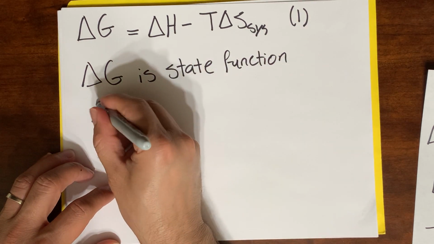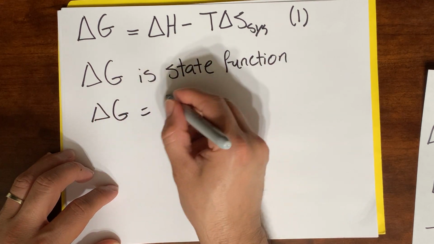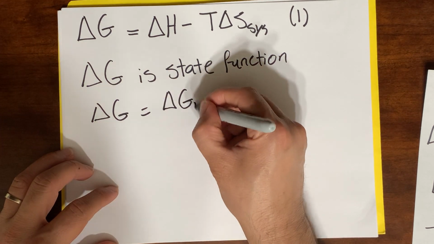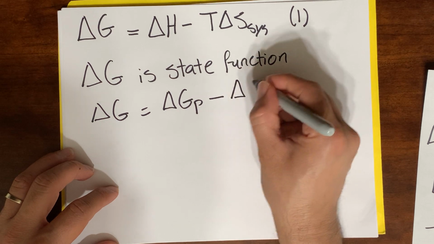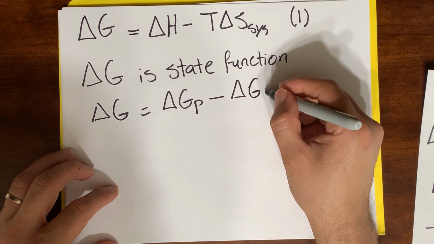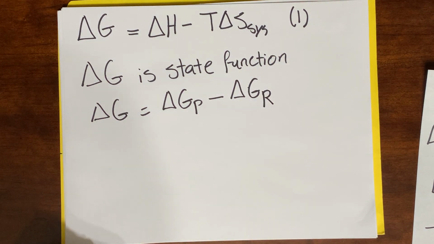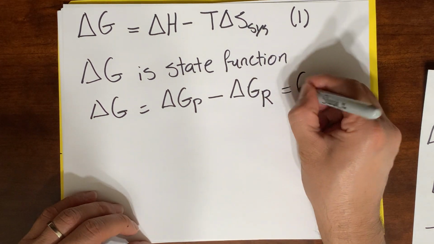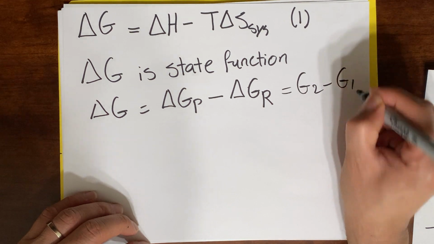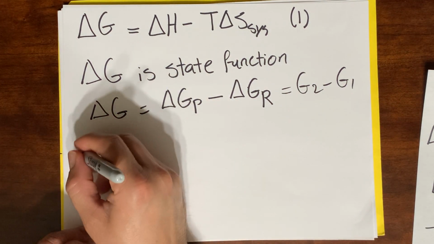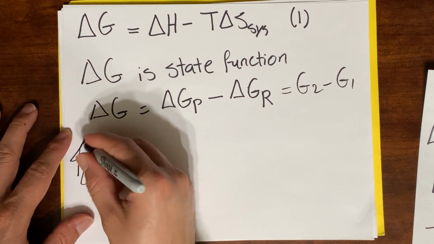That means you can write delta G as the Gibbs free energy of the product minus the Gibbs free energy of the reactant, or G2 minus G1, final minus initial.